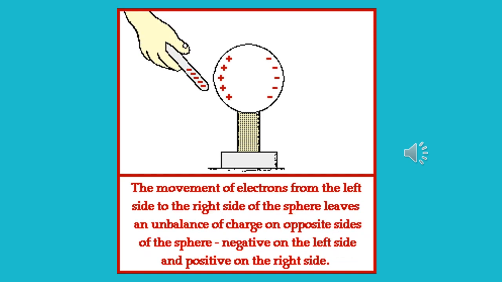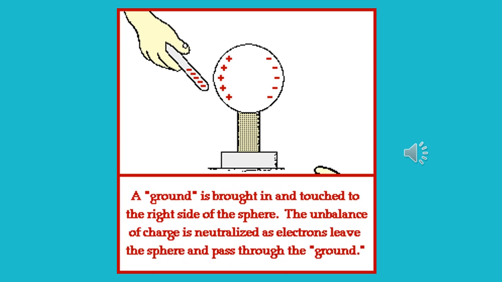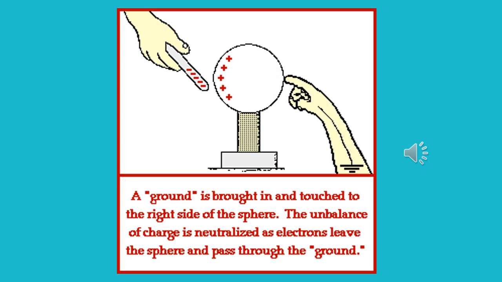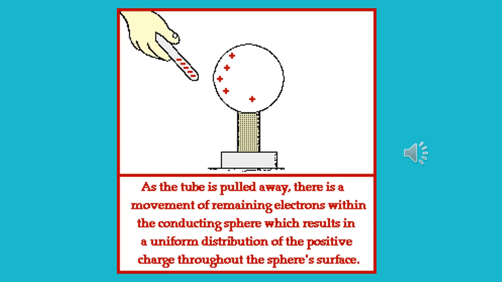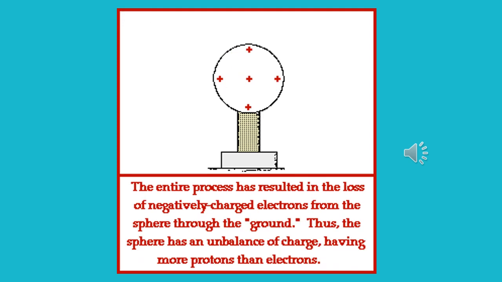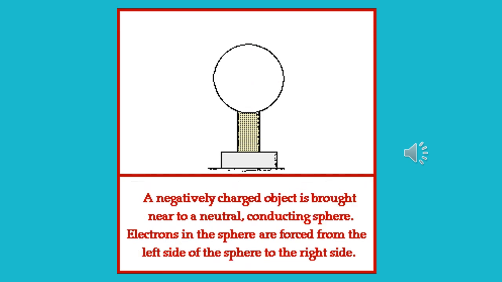Now, a negatively charged object is brought near a neutral conducting sphere. The electrons in the sphere are repelled from the left side to the right side, to the remote end, and a deficiency is created in the nearer end. So the nearer end gets positively charged and the far end gets negatively charged.